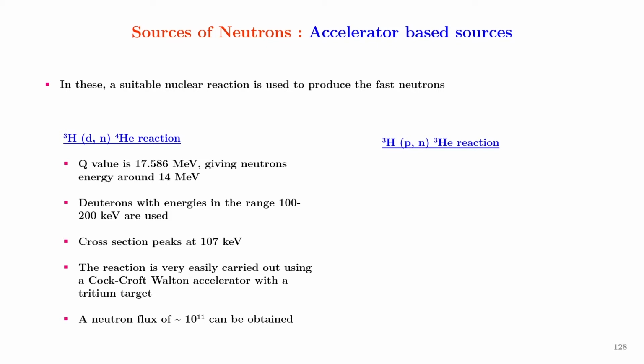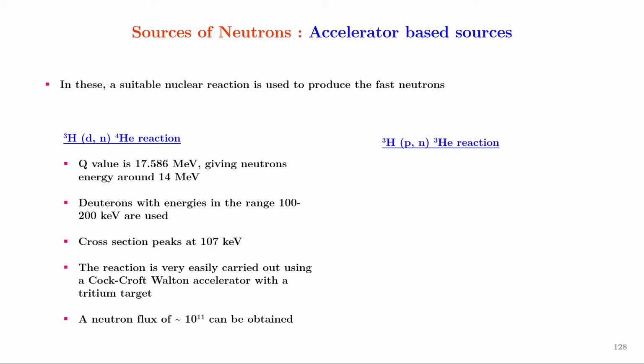Deuterons with energies in the range 100 to 200 keV are used in this process, and the cross-section peaks at 107 keV. The reaction is very easily carried out using the Cockcroft-Walton accelerator with a tritium target, and in this case a neutron flux of approximately 10^11 can be obtained.